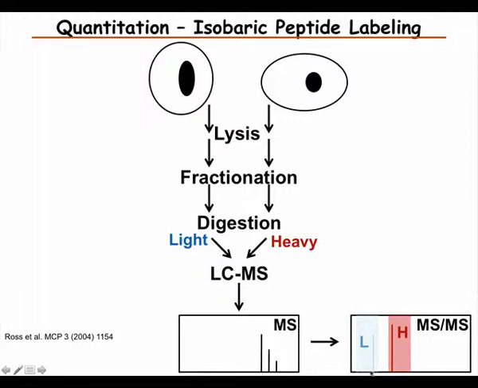The first one that came out was a 4-plex called iTRAQ, where the reporter ions were at mass 114, 115, 116, and 117. Then several others came in, and now one can do a 10-plex, so 10 different samples together, with these low mass reporter ions.